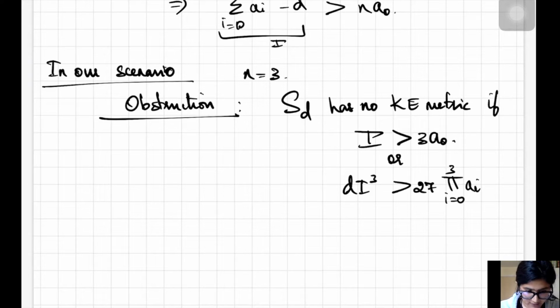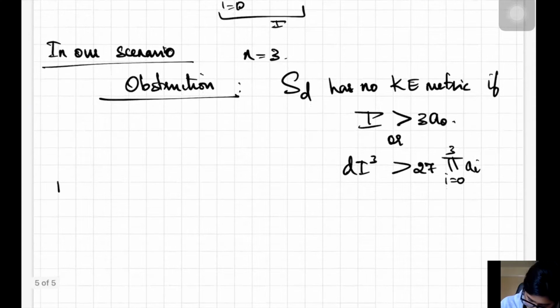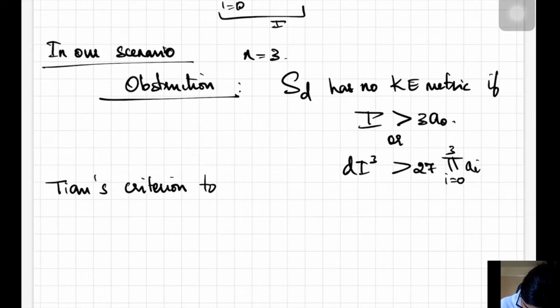But we also have another one. But before I even give you that, let me tell you what Tian's criterion is to prove the existence of the metric. So Tian's criterion to show existence of a Kahler-Einstein metric.